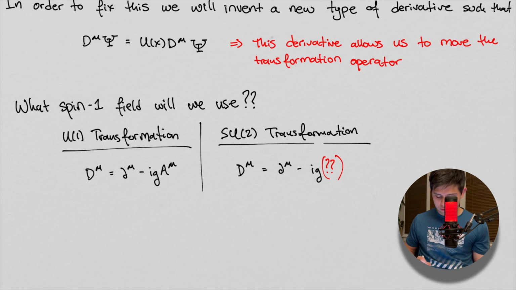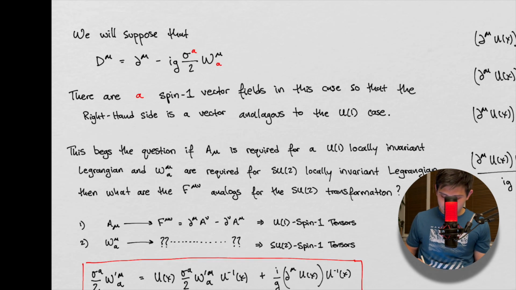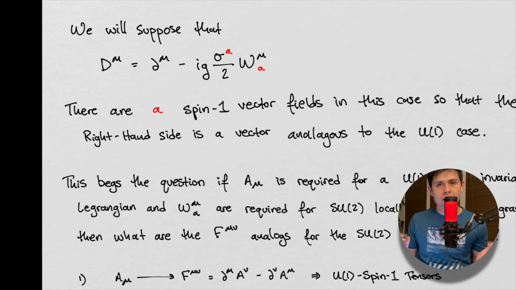There's going to be some analogies going on here between U1 and SU2. We're kind of doing the same thing. So the question is, what kind of thing is going to be put here? Well, we're going to suppose that for the SU2 case, we are putting this guy right here, and we'll talk about what this means.